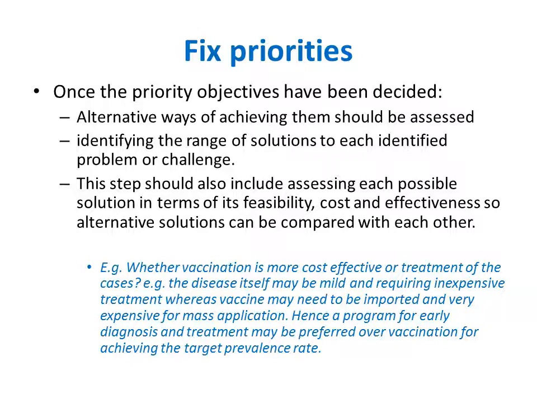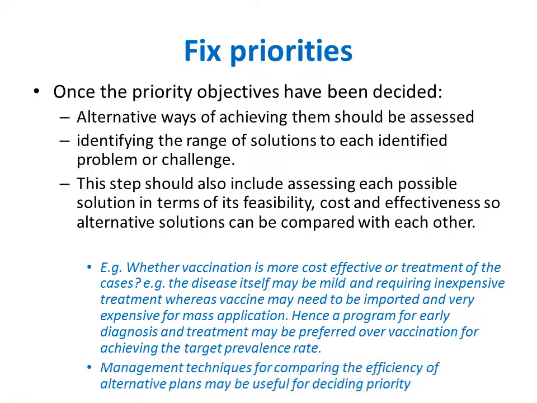So a program for early diagnosis and treatment of the disease would be preferred over vaccination for achieving the target prevalence rate. Once again, management techniques come in handy for comparing the efficiency and efficacy of alternative plans and in deciding which alternative solution is best suited for the given situation.